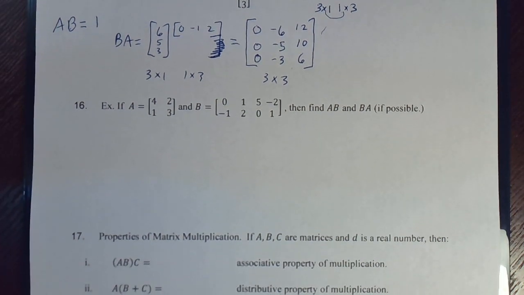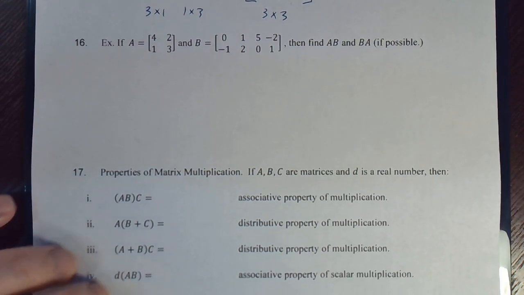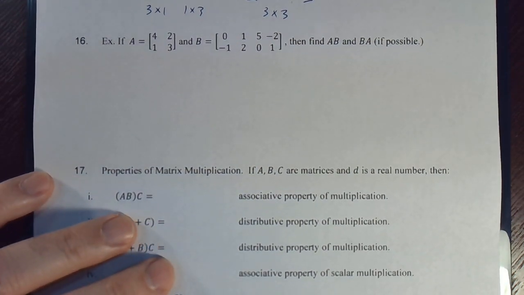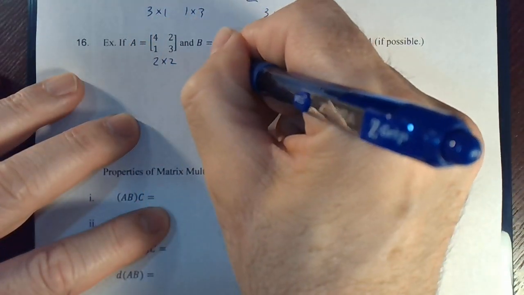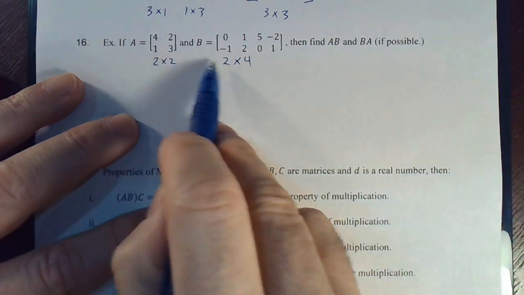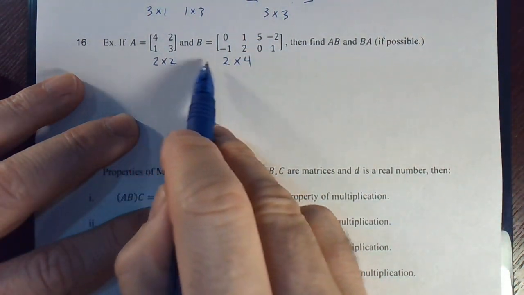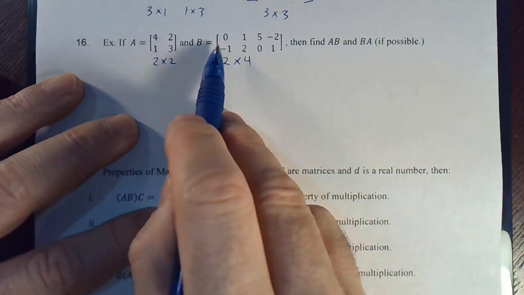All right, let's do one more multiplication example of two matrices. Find AB and BA if possible. So 2 by 2 and 2 by 4 columns. So we can multiply them because these two inner numbers are the same, and the resulting matrix will be 2 by 4, the same size as this one.